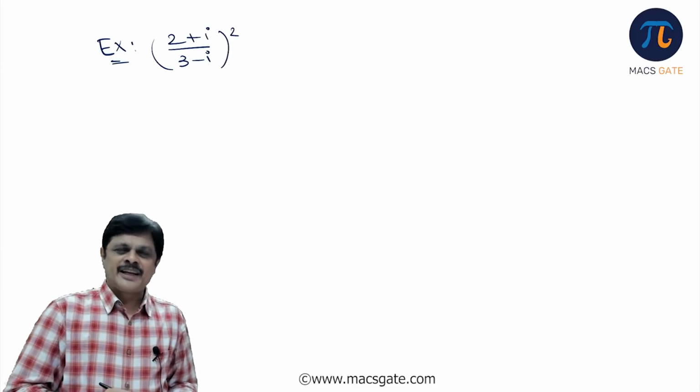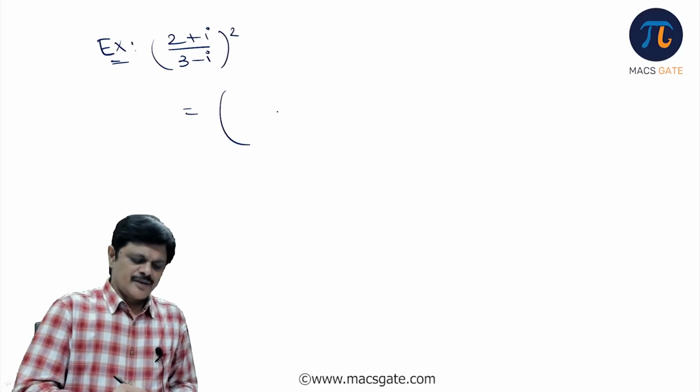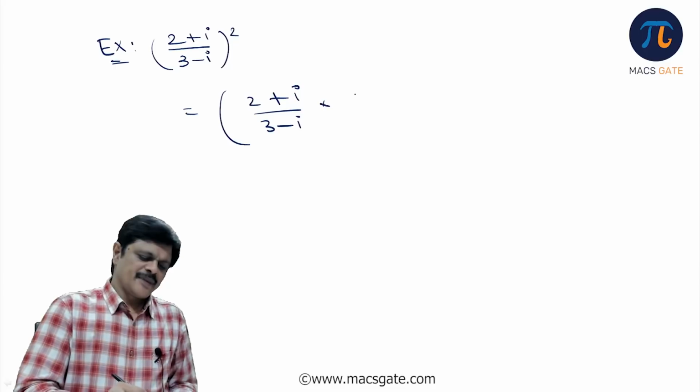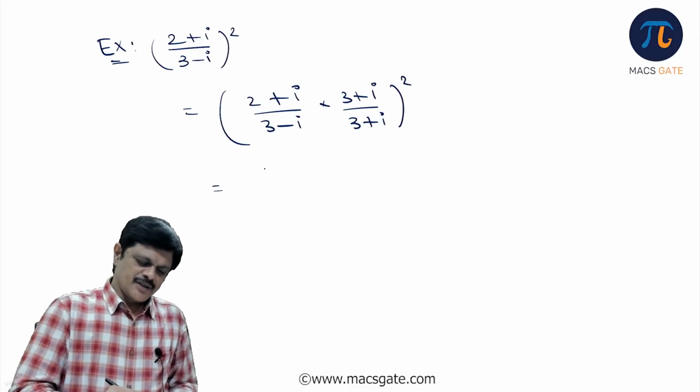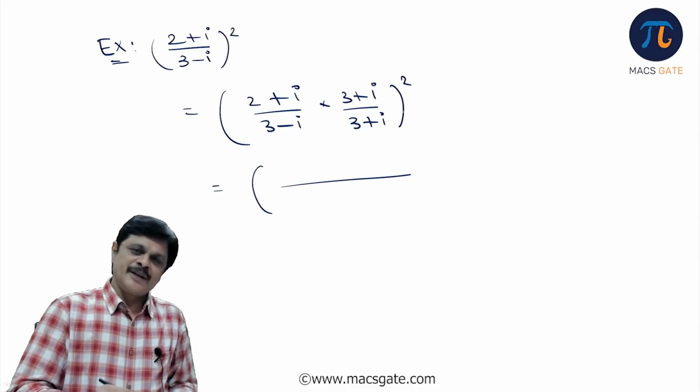Next example. It is also a GATE question. (2 plus i) by (3 minus i) whole square. So what you do is (2 plus i) by (3 minus i), multiply and divide by (3 plus i). So the denominator, a minus b into a plus b, that is 9 minus i square, that is plus 1. So numerator 5 plus i square.